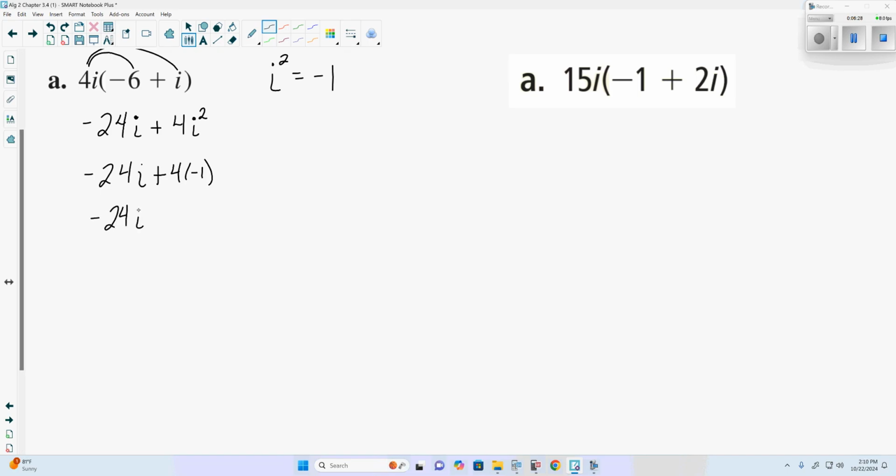And our 4 times negative 1 would be negative 4. Now, to have it in standard form, we need the negative 4 in front, telling us that our final answer is negative 4 minus 24i. And that's it.